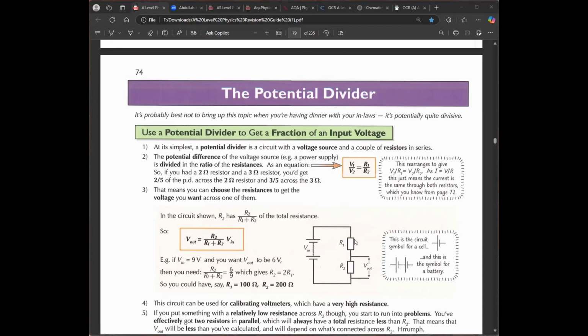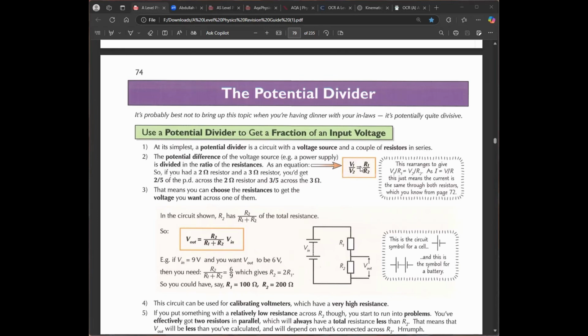You connect two loads to it, like two resistances, and the potential difference is split among them because they are connected in series. You connect your output through the one that gives you the required potential difference, right? So that is what a potential divider is.